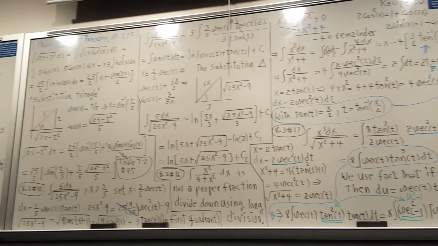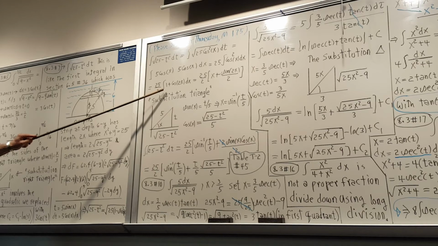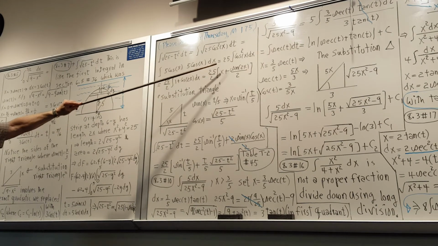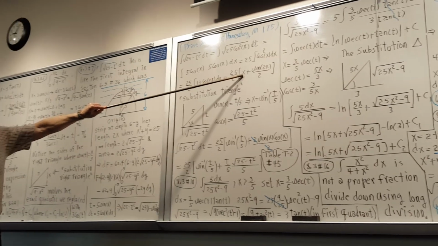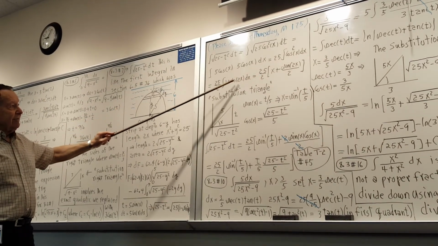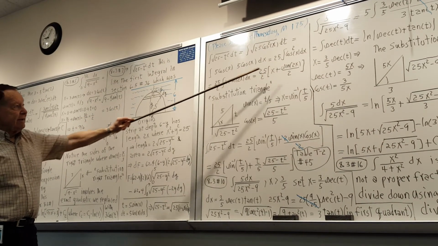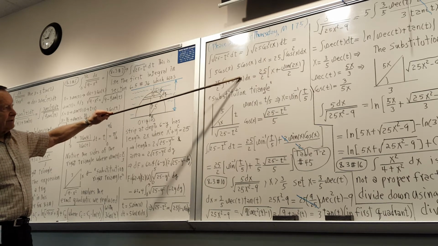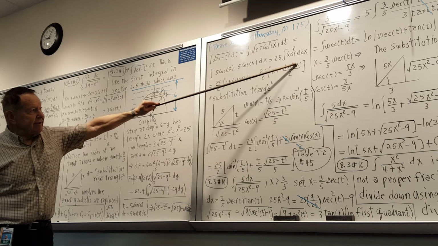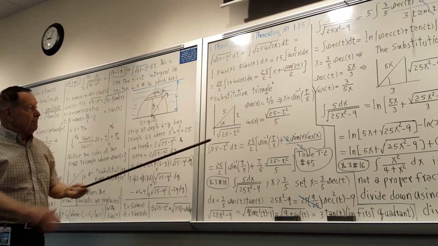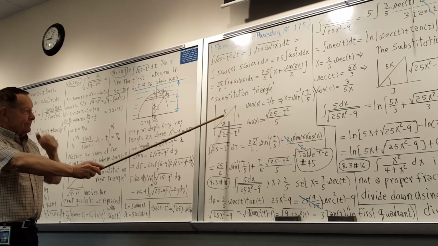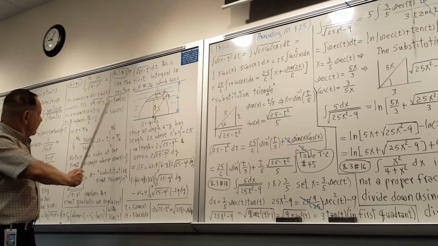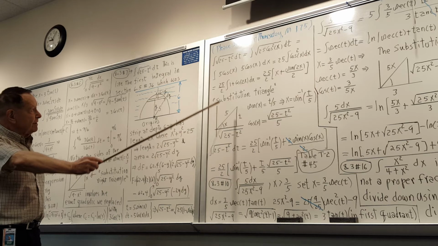And so when I integrate the 1, I get x, and that's where that arc sine is going to come from. And then when I integrate cosine, I have sine, and if it's cosine of a times x, it's sine of a times x over a. So now we make the same substitution triangle that we've done in the others.